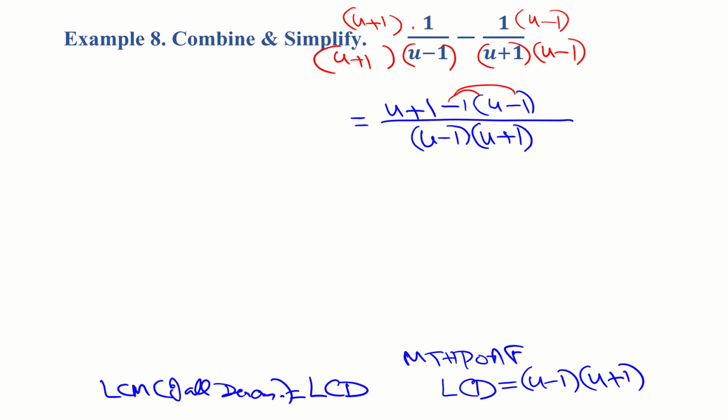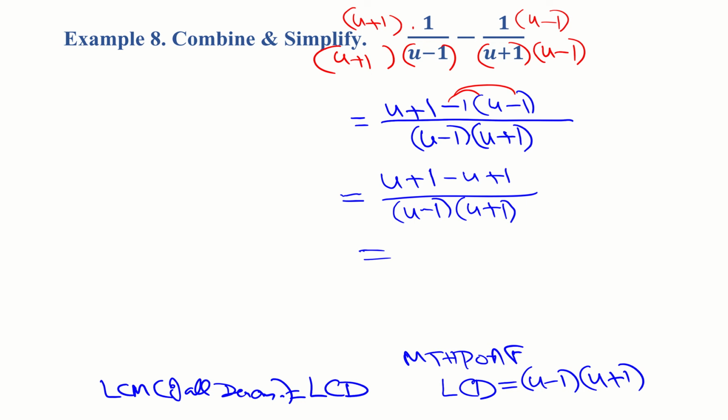So notice we end up with u plus 1 minus u plus 1, right? See, u plus 1 minus u. Negative times negative is positive, so we get positive 1 times 1, which is 1. And down below, we still have u minus 1 times u plus 1.